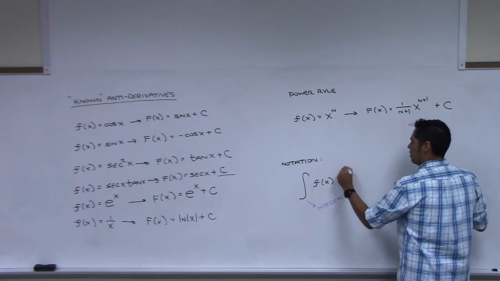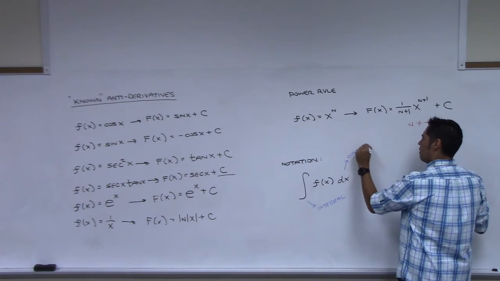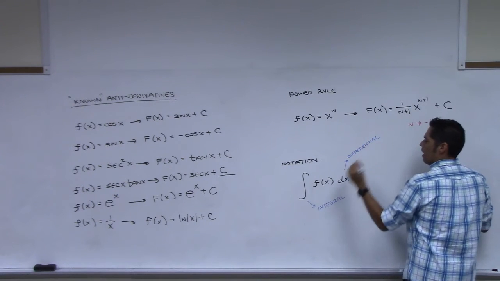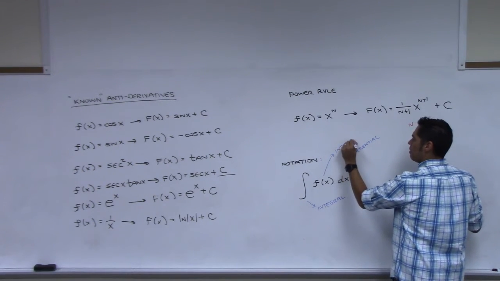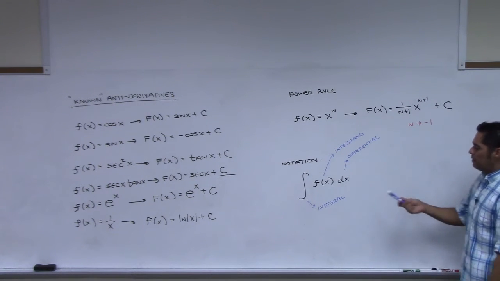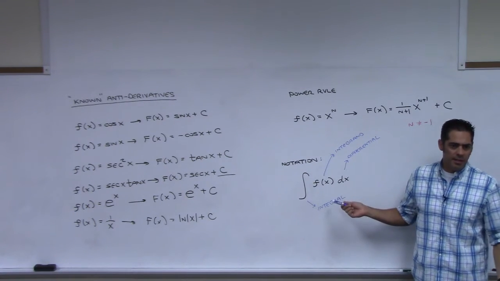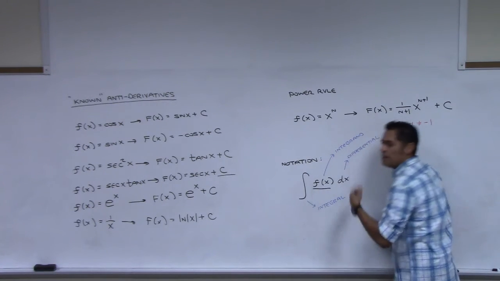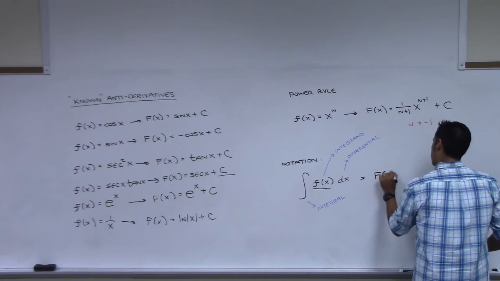That dx is called the differential. And by the way, the function you put in here, we call that the integrand. Then basically, if you ever see this, it's saying to go find the general antiderivative. That's what that means. It says, give me the general antiderivative. So this is capital F of x plus c.